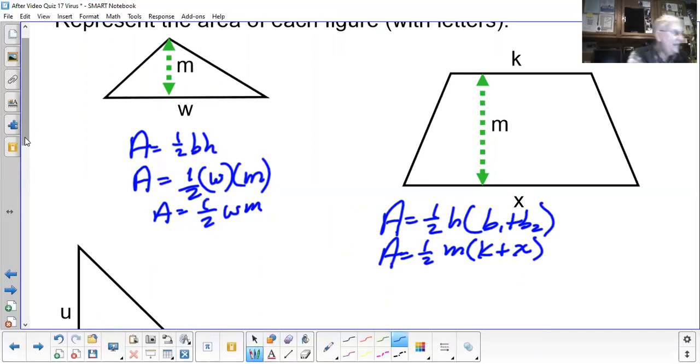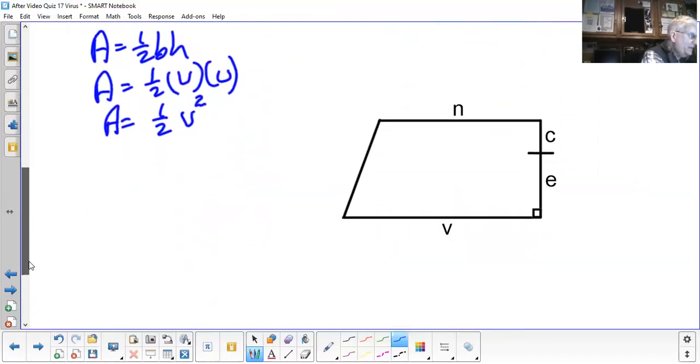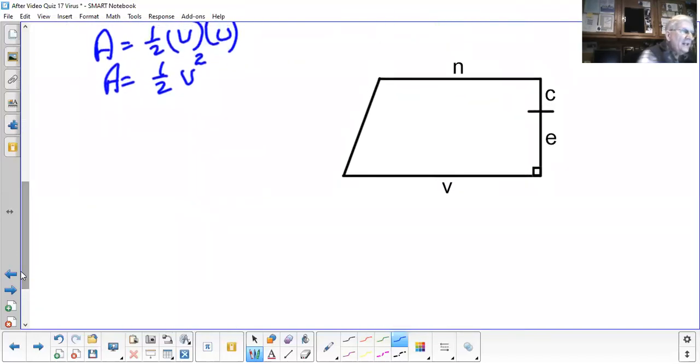Okay? Now, I've tried to mess you up a little bit on the next trapezoid. What I have done is I have split the height into two pieces, C and E. Well, how would I represent the area of this figure using letters? Well, I will write the formula 1/2 height, base 1 plus base 2.